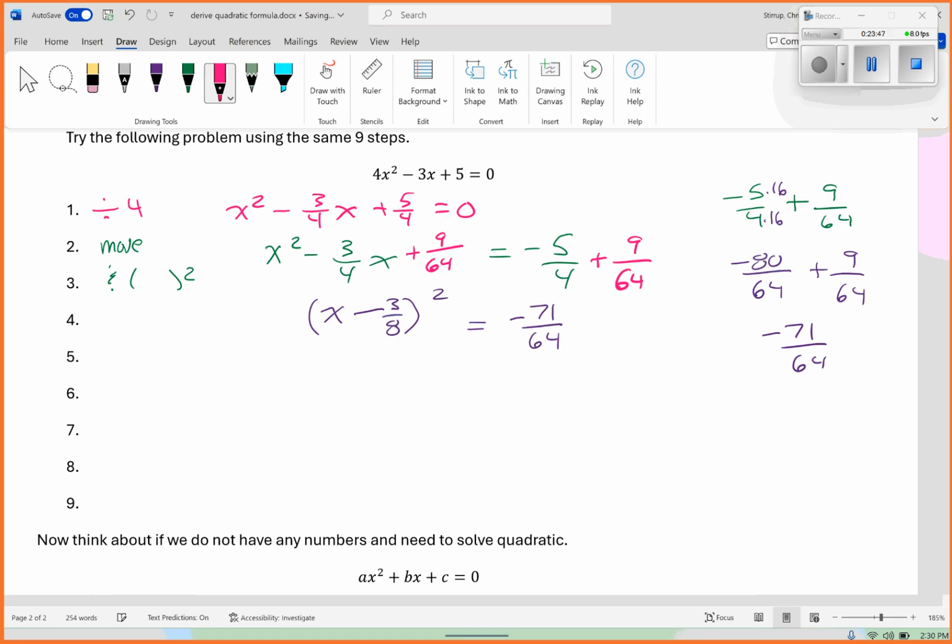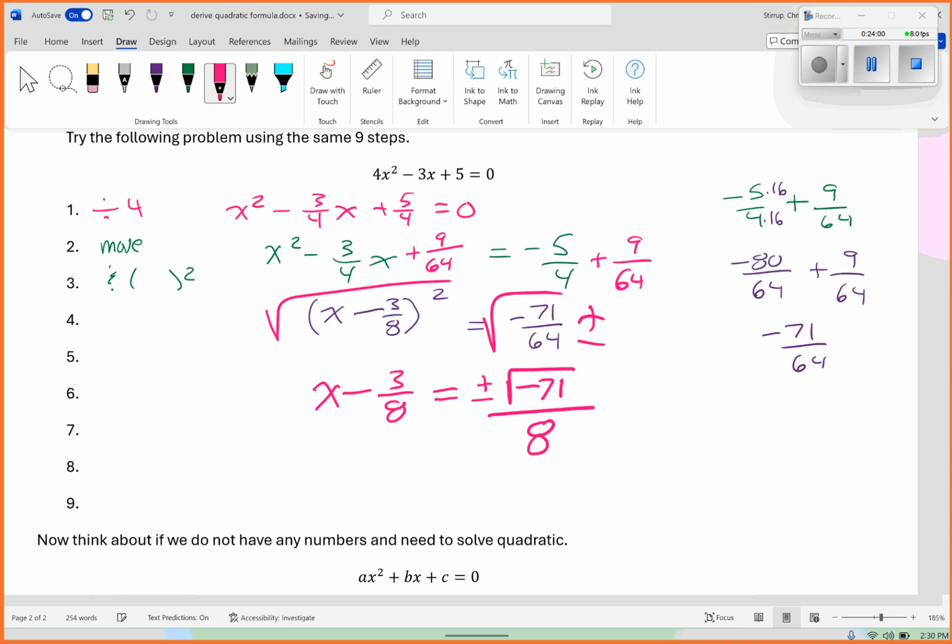All right, ready? Root. Don't forget the plus minus. My friends, why did I get an 8 in the denominator? Because you have to have the same. So I have the square root over the whole fraction here.